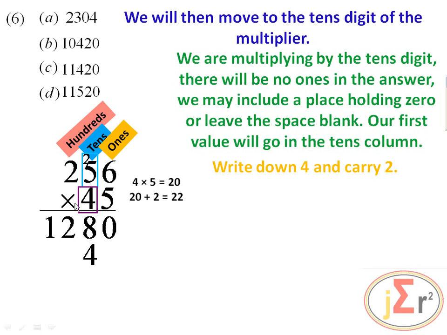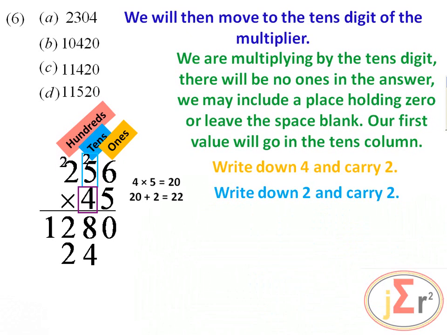And what do we do with that 22? Write down 2, the present 2, and carry 2 to the column of greater significance.